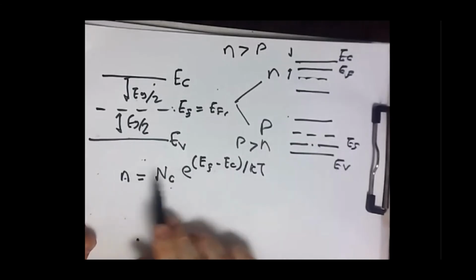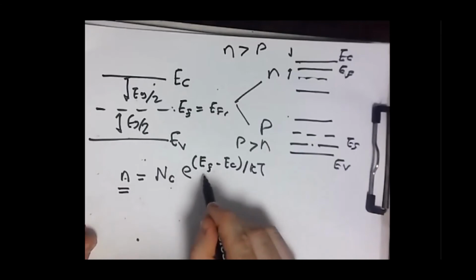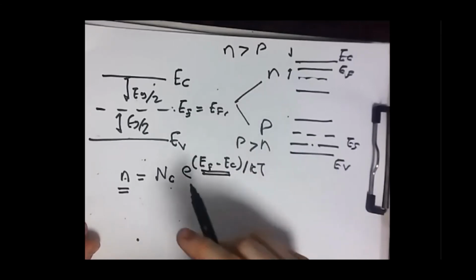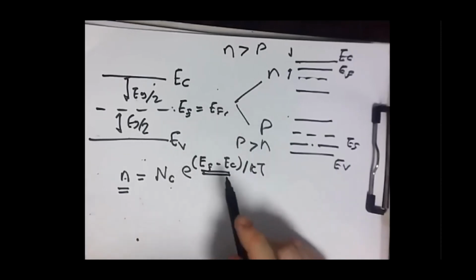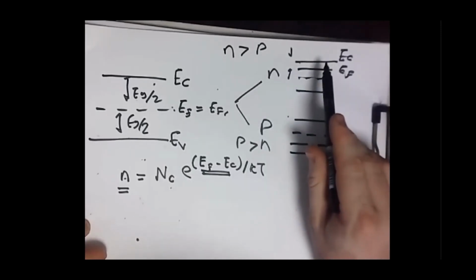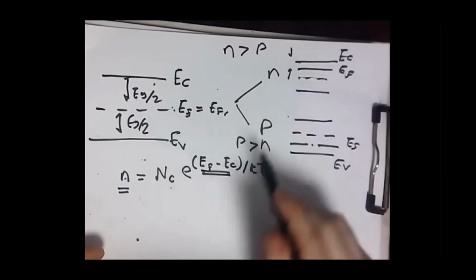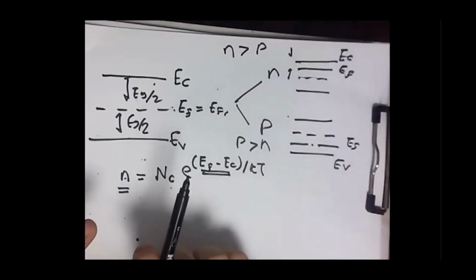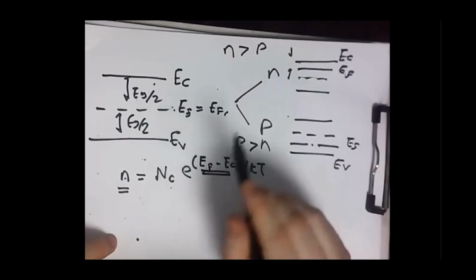From this you can say that whenever you have higher n, EC minus EF starts to decrease. So whenever you increase the doping, EF will go more toward the conduction band. Accordingly, if you have a very, very high doping, EF will be tangent to or overlap the conduction band. Herein, we call this a degenerate semiconductor.